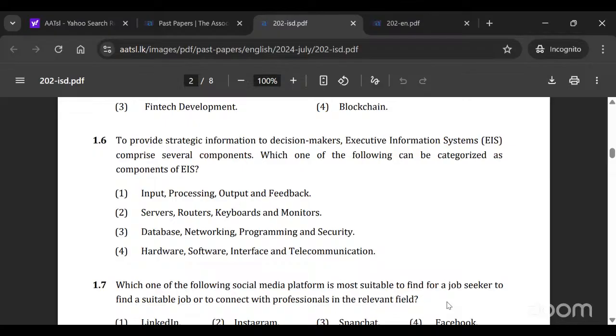Which one of the following can be categorized as a component of EIS? Input, process, output, and feedback. Servers, routers, keyboards, and monitors. Database, network, programming, and security. Hardware, software, interface, and telecommunication.